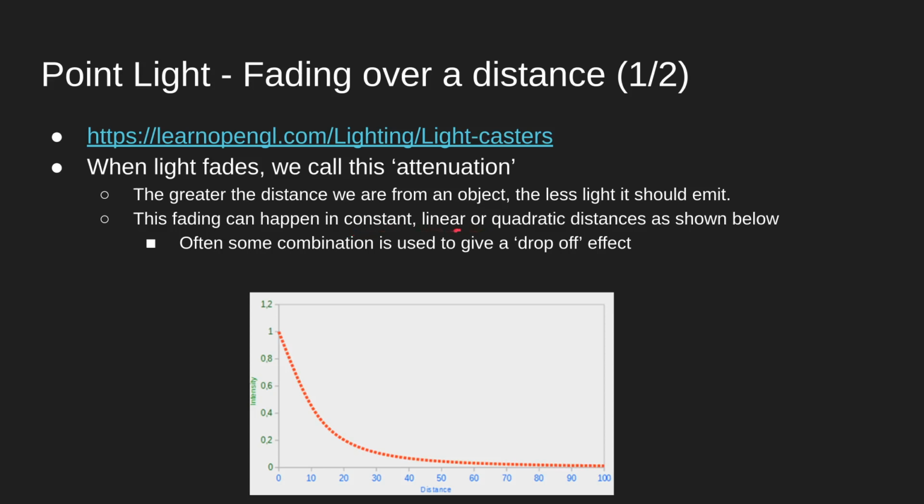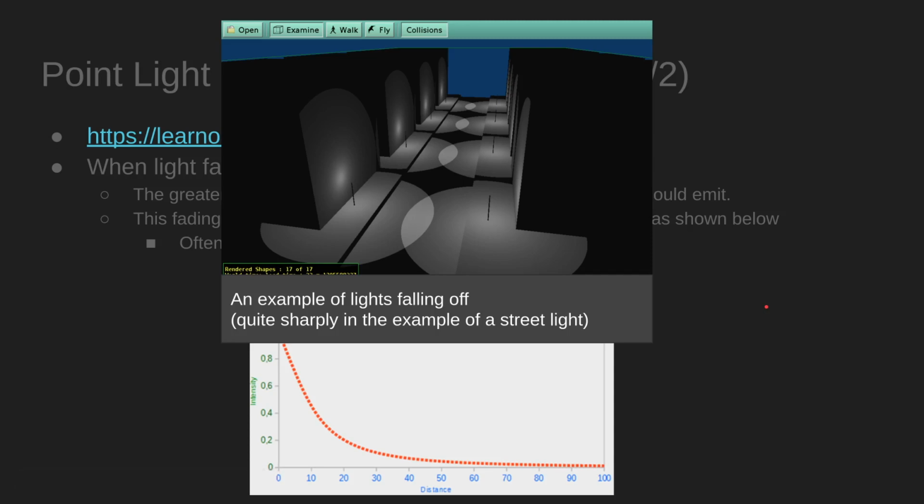There might be a linear fade, or quadratic, which is what's shown here. So if you're really close to the object, right on top of it, the intensity is 1, it's very bright, but then it has this quadratic function to fade the light over a distance as you become further away. And this creates a nice drop-off effect.